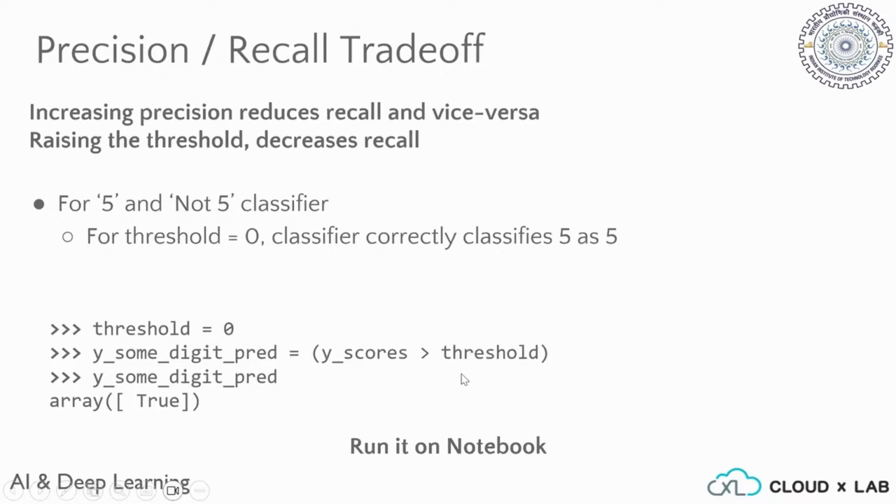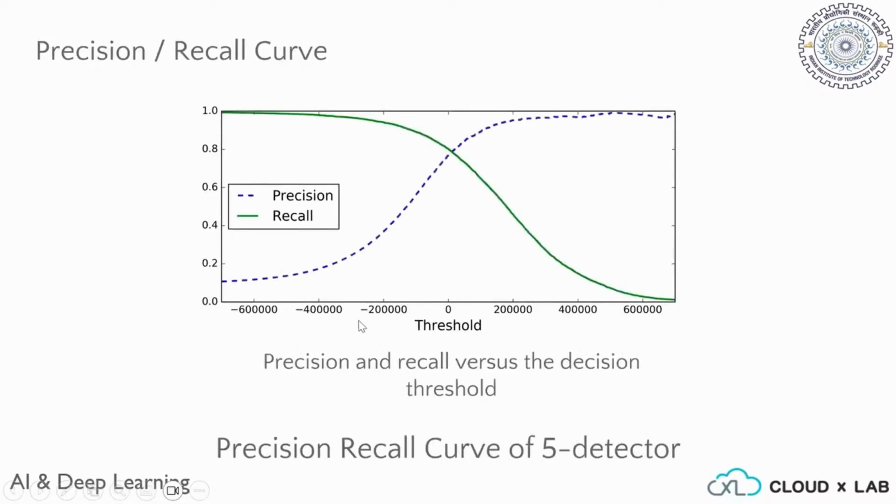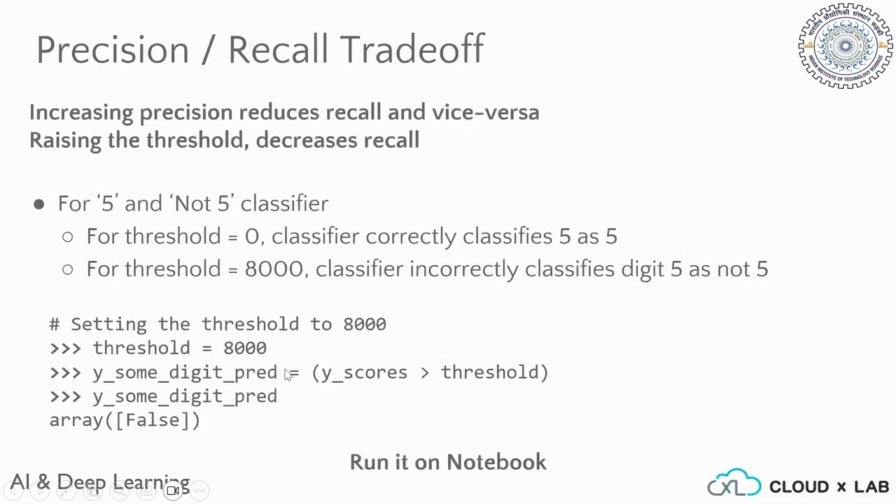Because if you change this threshold value, so let's say in that line example, if you change this threshold, you will get a different line, right? Or if you shift that line upward or downward, you will get a new line, a new model. So for each threshold value, we will get a different model, and for that model, we will calculate precision and recall.